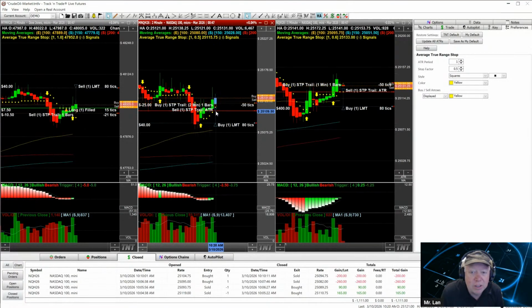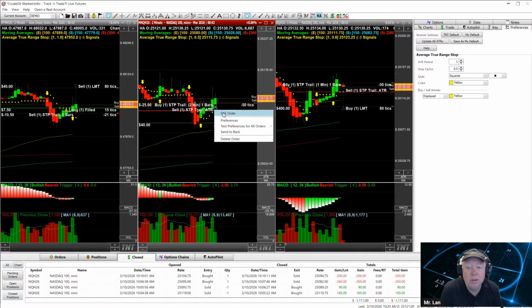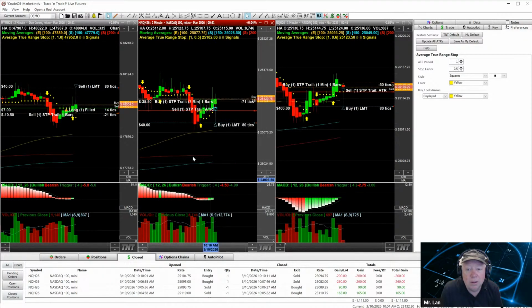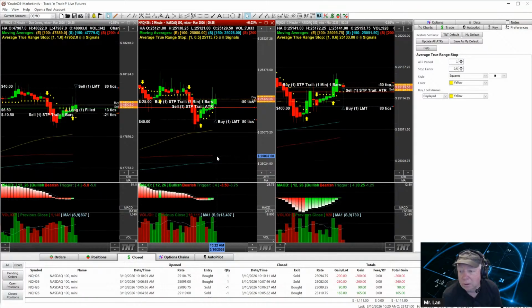No, this is trail ATR. Why it didn't jump? There it goes. You can give it a little encouragement. We got a lot going on in this little computer right now with all the programs I got running in the background. All right, there you go.